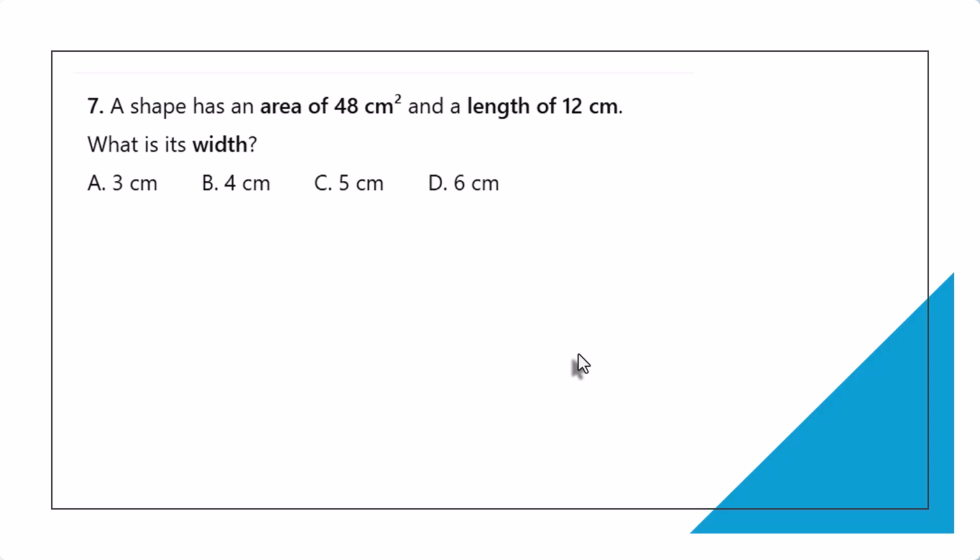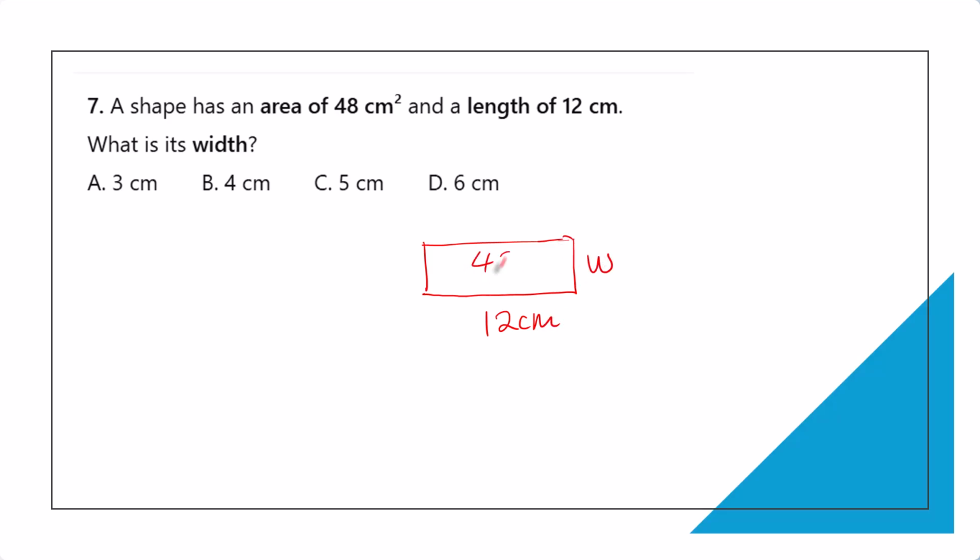Now I hope you're done with question 7. It says a shape has an area of 48 and a length of 12. What is its width? The first thing you need to do, when they say a shape, they mean a rectangle here. This is a rectangle, and this is 12 centimeters. And this is the width they're asking for.